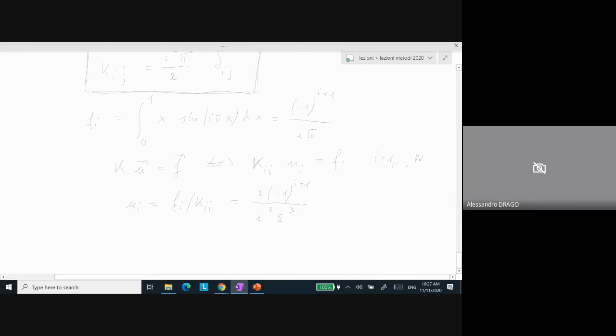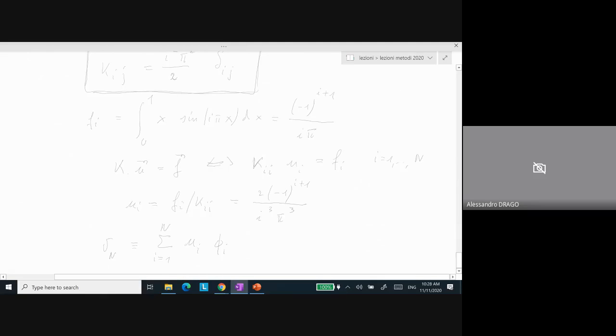So at that point, you have your solution because you have your Vn, which is written as usual as the sum on i running from 1 to n of Ui phi i. And this you can plot, maybe tomorrow we can again play a little with Python, so we can try to do some of this numerically. It was perfectly fine.